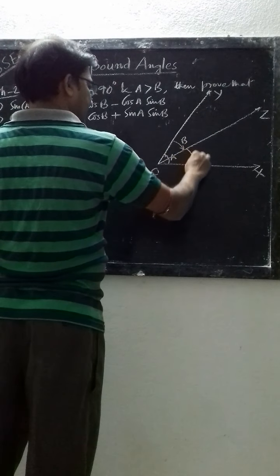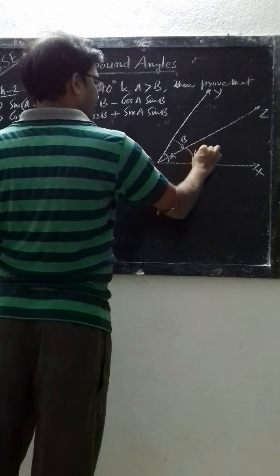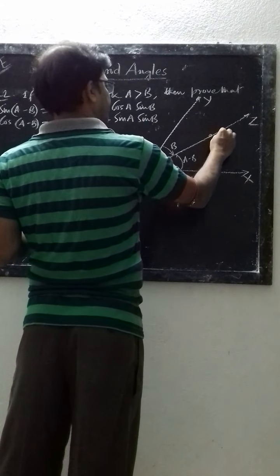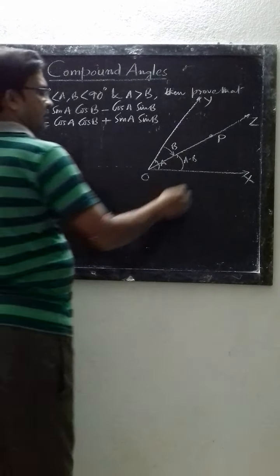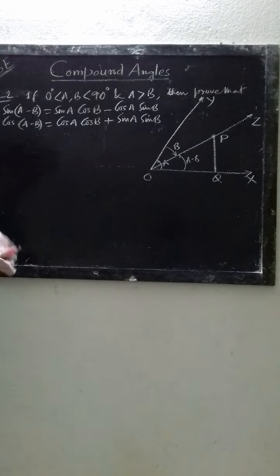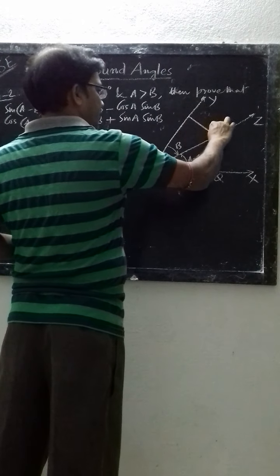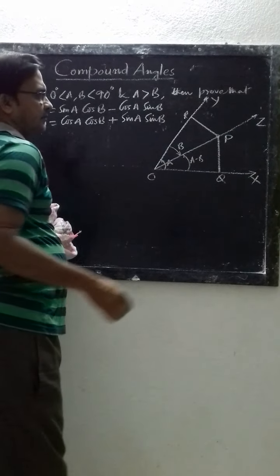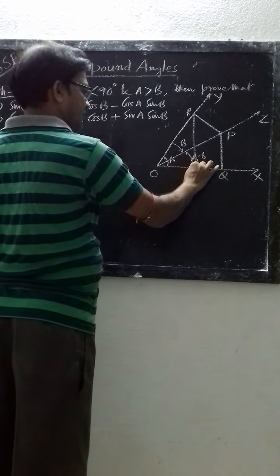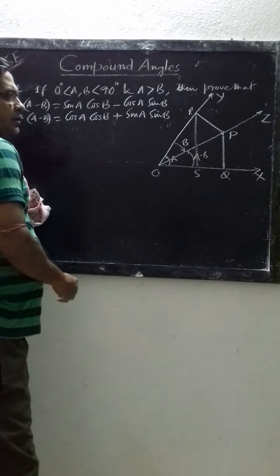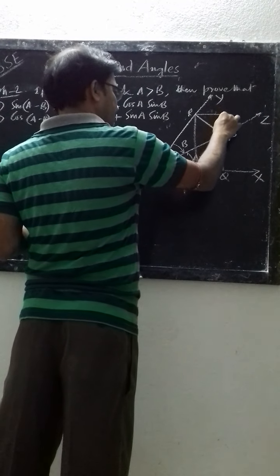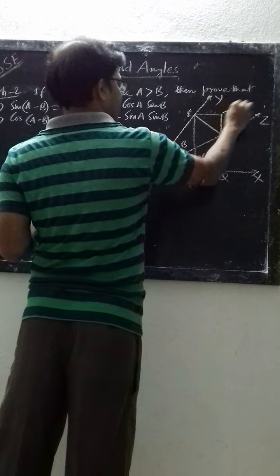So angle XOZ equals A minus B. Let P be a point on OZ. PQ is drawn perpendicular to OX. PR is drawn perpendicular to OY. RS is drawn perpendicular to OX, and RT is drawn perpendicular to produced QP.